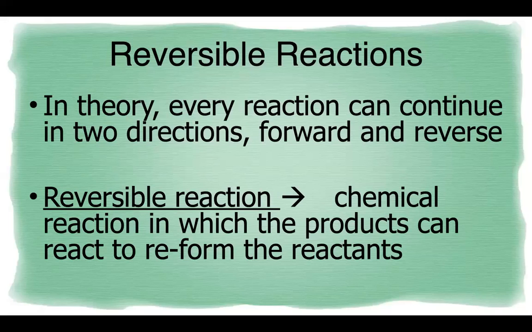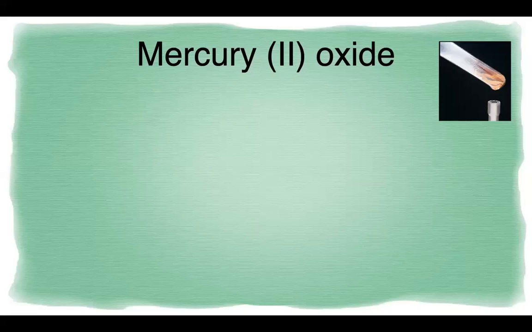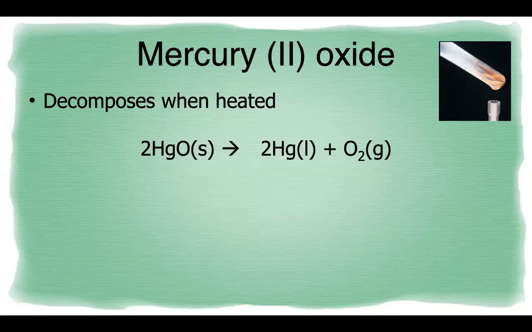So in order to be able to have two opposite processes occurring at the same rate, you obviously have to have a reversible reaction. You can't have equilibrium for a reaction that only proceeds in one direction. So let's look at an example. Mercury(II) oxide decomposes when it's heated. So the overall equation is 2 HgO as a solid will decompose into 2 mercury atoms plus oxygen gas.